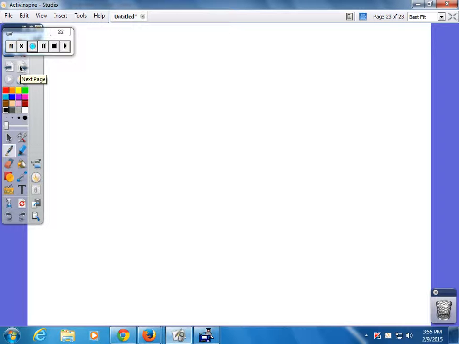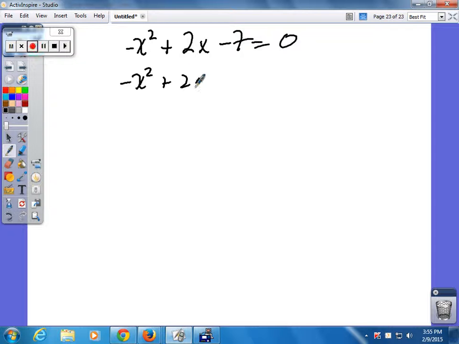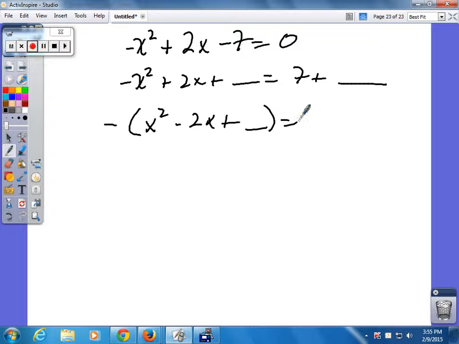What time is it? 3:55. Hold on, what's the problem again? Negative x squared plus 2x minus 7 is equal to 0. Negative x squared plus 2x plus 1 is equal to 7 plus 1. Negative the x squared minus 2x plus blank is equal to 7 plus negative 1 times 1.